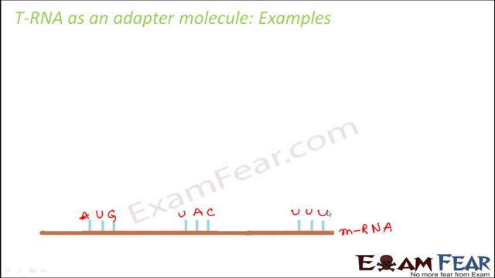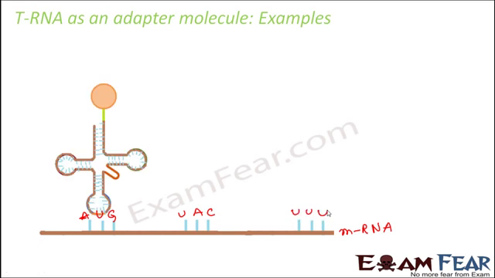And let us suppose this is a tRNA. What will be the sequence of bases on the anticodon end? The sequence of bases on the anticodon end will be UAC. And what should be the amino acid on this end? The amino acid for AUG is methionine. So this should be methionine, which is connected to this end.